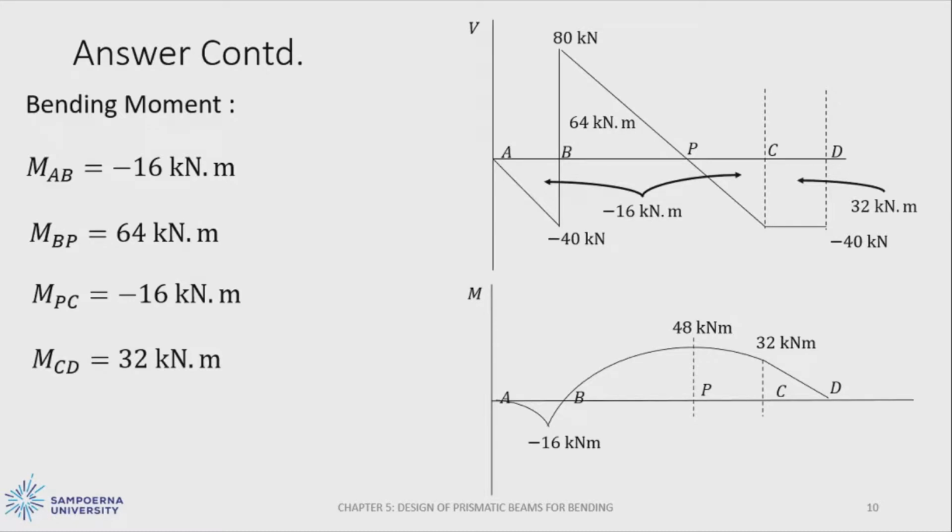So at point D, the result will be 0: 32 kilonewton meter minus 32 kilonewton meter. So from this bending moment diagram, we can conclude that the maximum moment is 48 kilonewton meter.